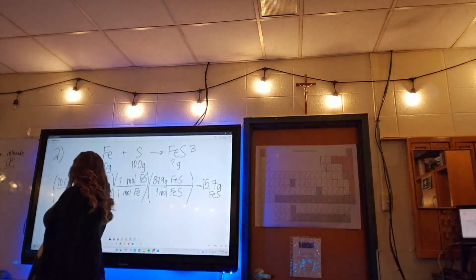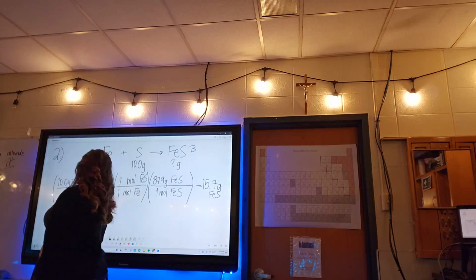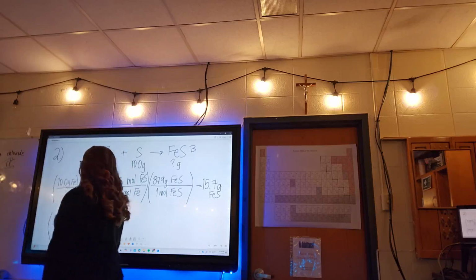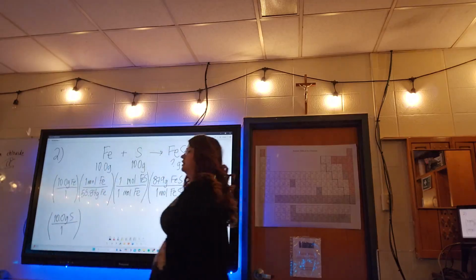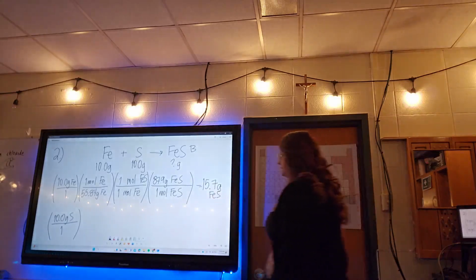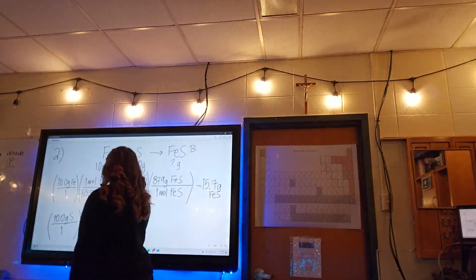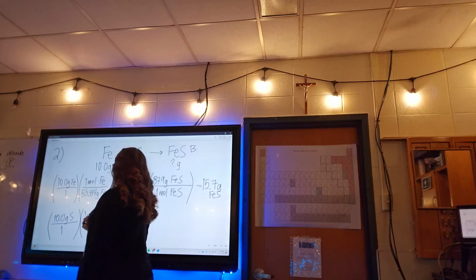And now I have to use the second A and do this whole process all over again. You're starting with the same mass. You should have 1 mole sulfur on the top of this fraction. The formula weight of sulfur is 32.06.